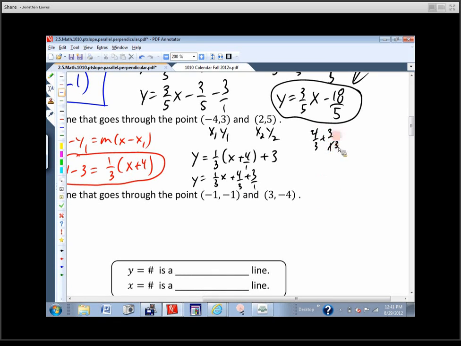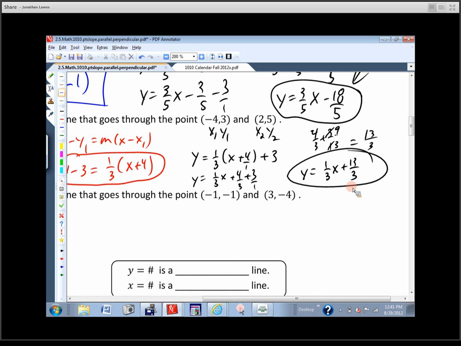So 4/3 plus 3 over 1, or that needs to be 9/3. 13/3. Okay with that? So it's y equals 1/3 x plus 13/3.